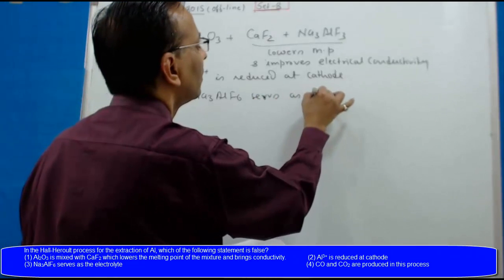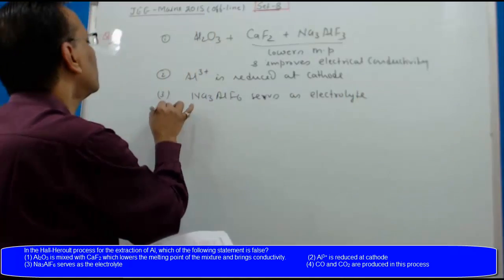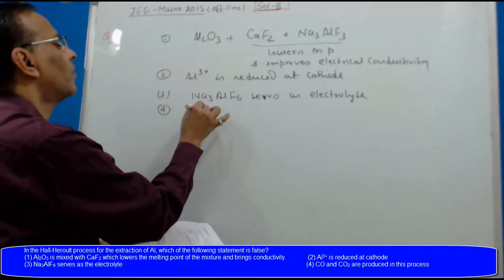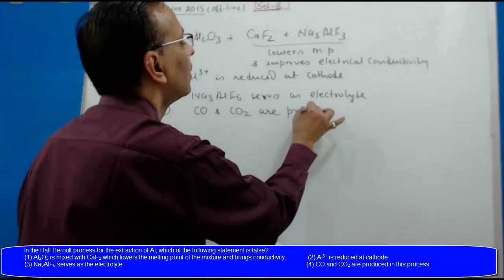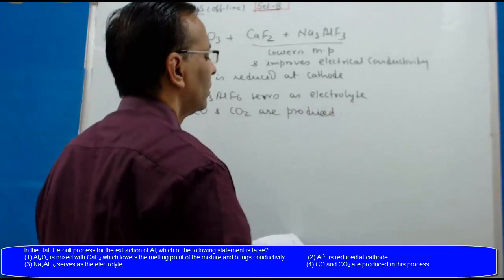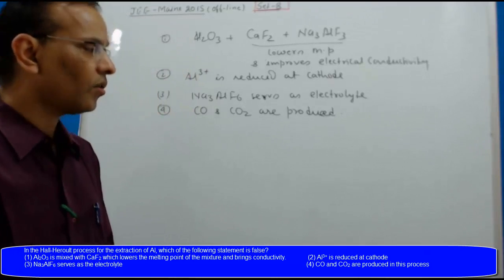And the fourth is that CO and CO2 are produced in this process. The question is which is wrong.